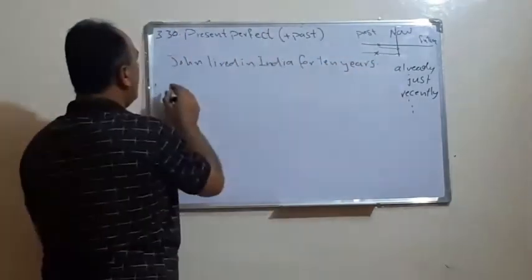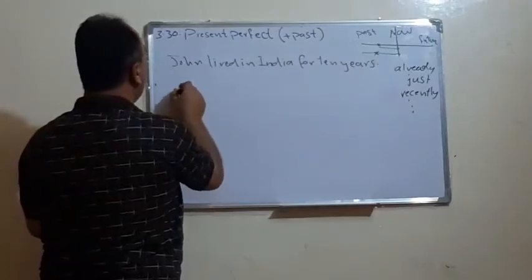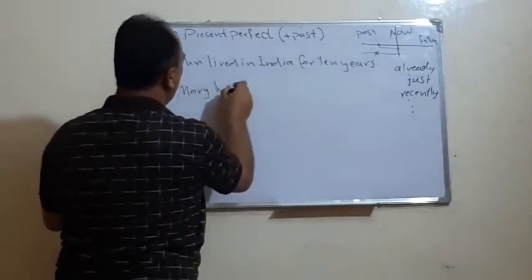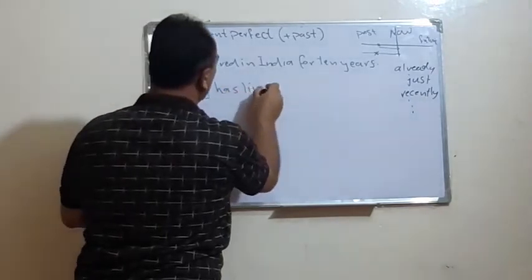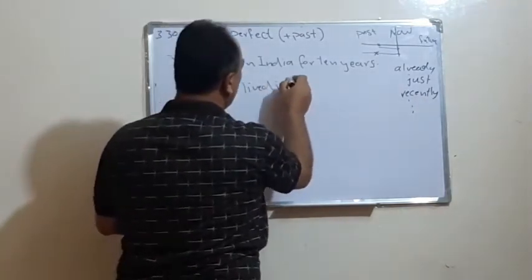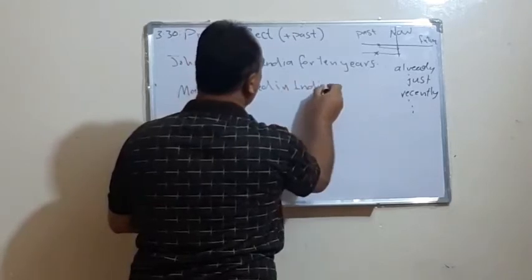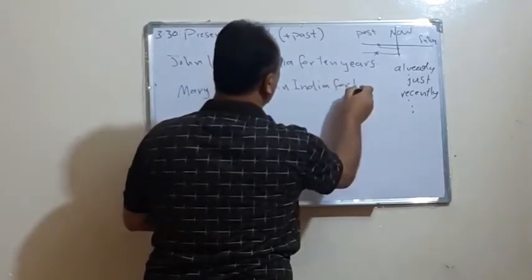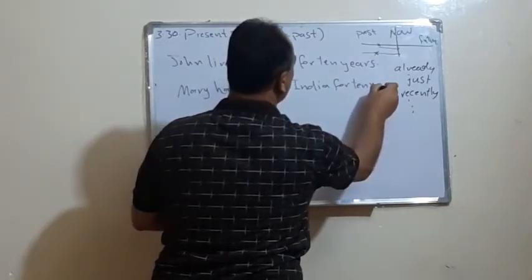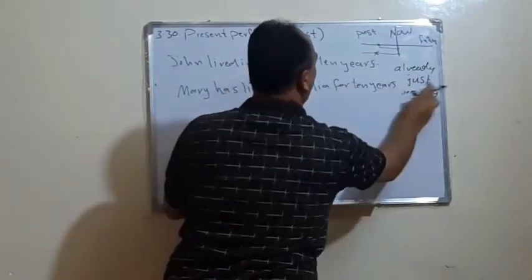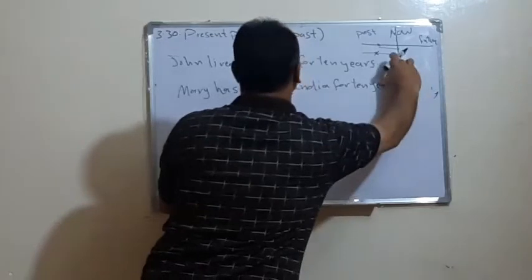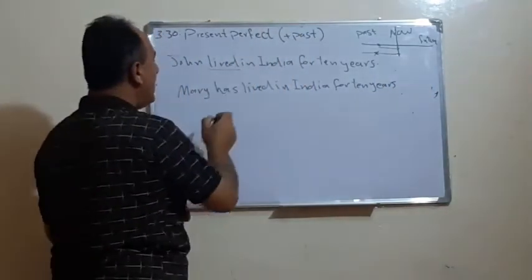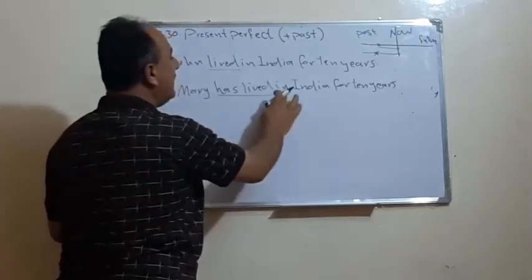And if we say, for example, Mary has lived in India, or any country, for 10 years. Now, the first sentence is in the past, we say lived, from live, and the second sentence has lived.